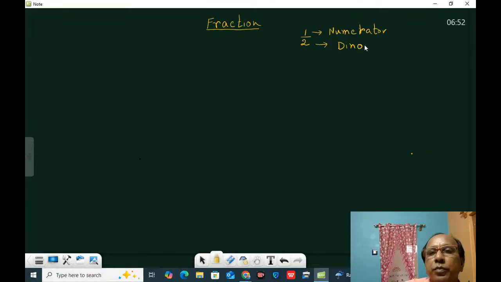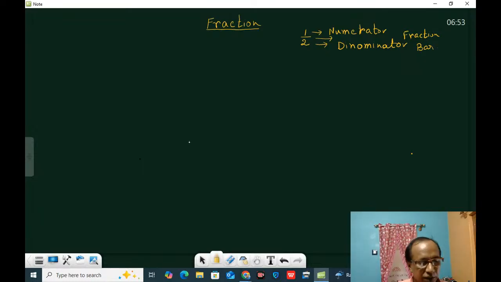This is the denominator, and this line is called the fraction bar. This is known as the fraction bar.